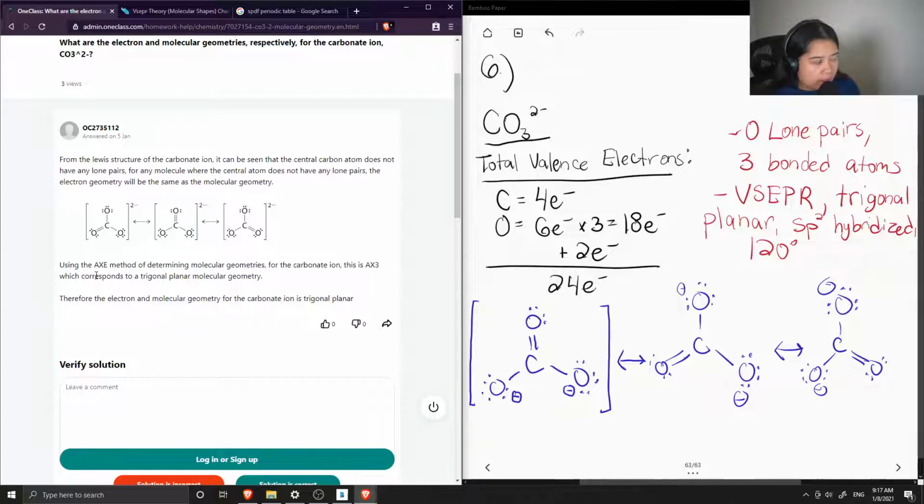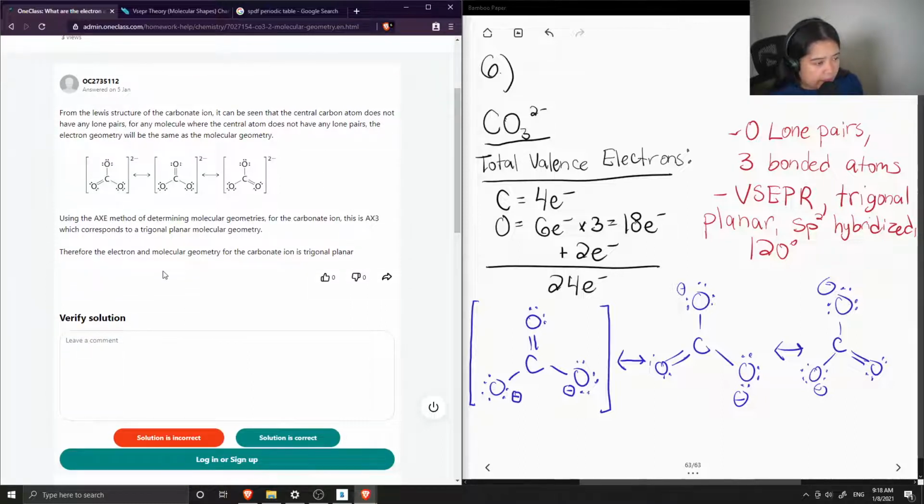Using the AXE method of determining molecular geometries, for the carbonate ion, this is AX3, which corresponds to a trigonal planar molecular geometry. Therefore, the electron and molecular geometry for the carbonate ion is trigonal planar. So this solution is correct.